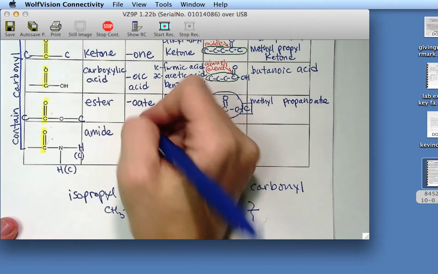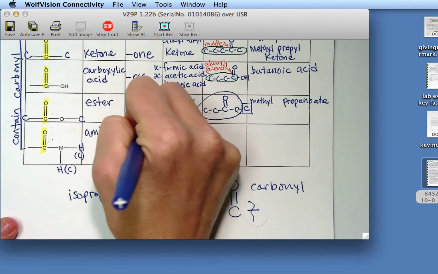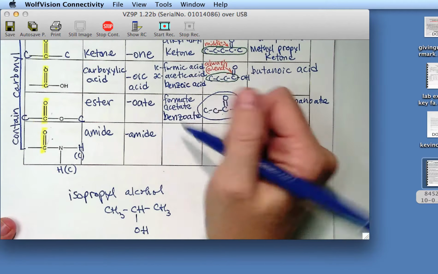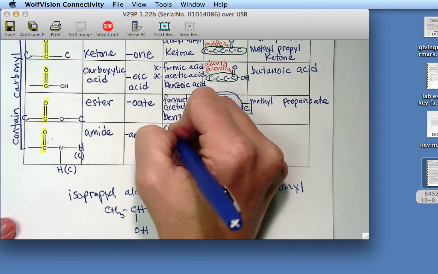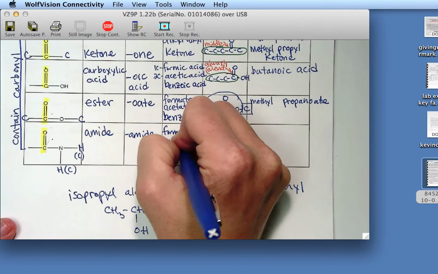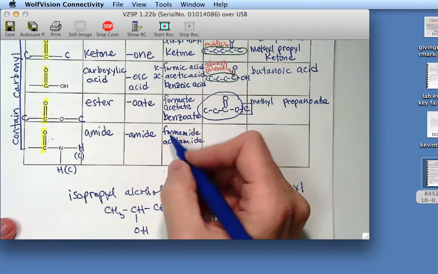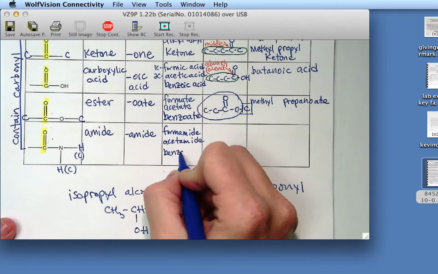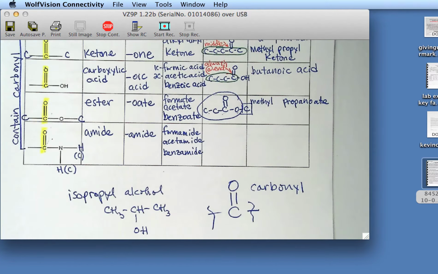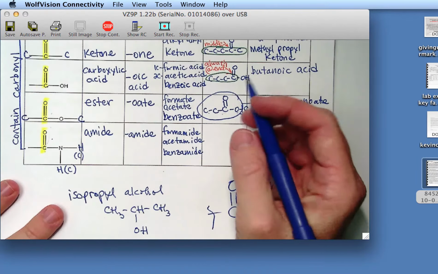The ending is amide for IUPAC. Again, you're restricted with your common names: formamide, acetamide, benzamide. So hopefully some of these names from your orange flashcards are starting to jump out at you. The more you see them, the easier they will become.